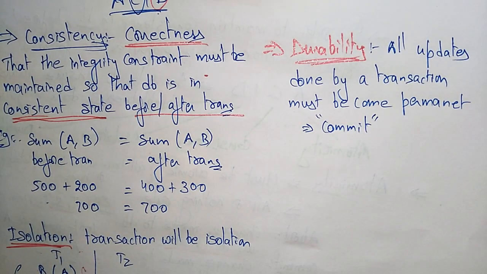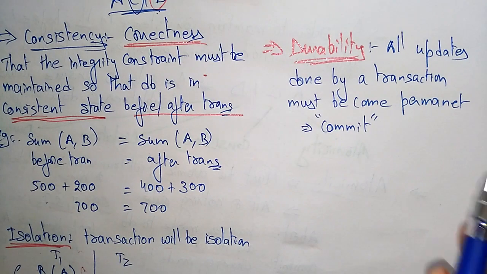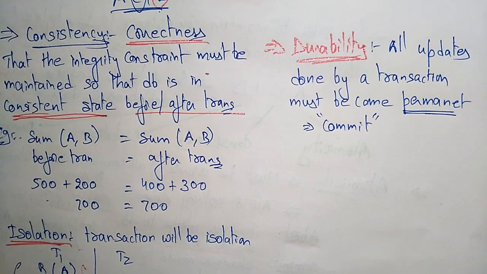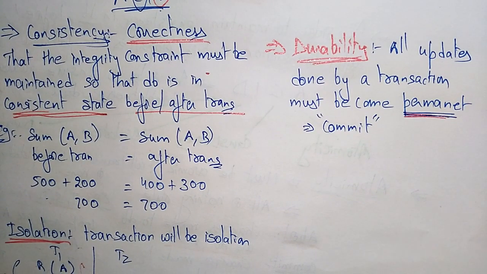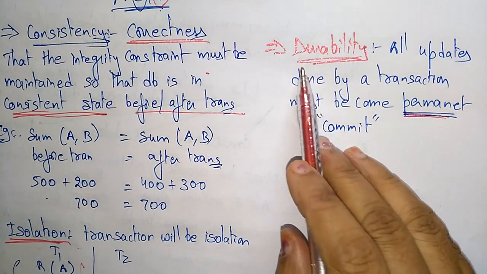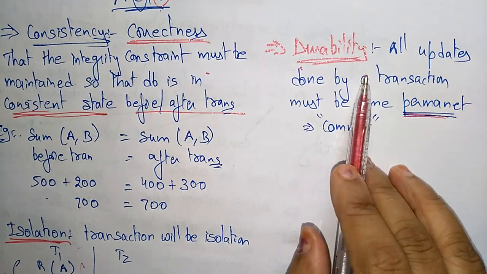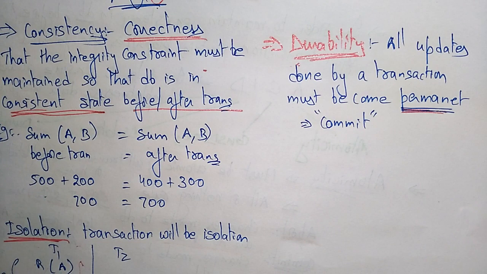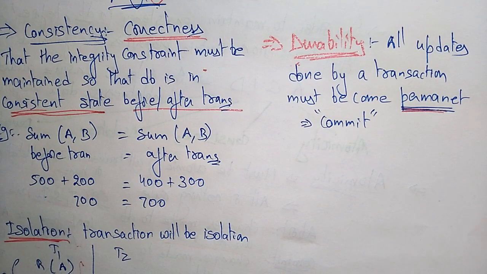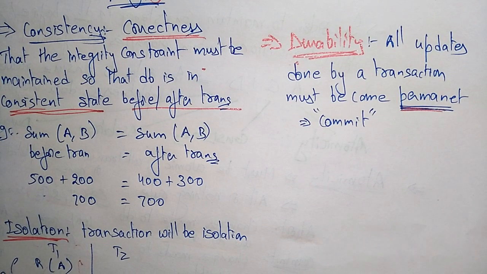Permanent means suppose the system suddenly fails. If your database uses the durability property, it will maintain a consistent state, and the updates done in the transactions will not be removed.